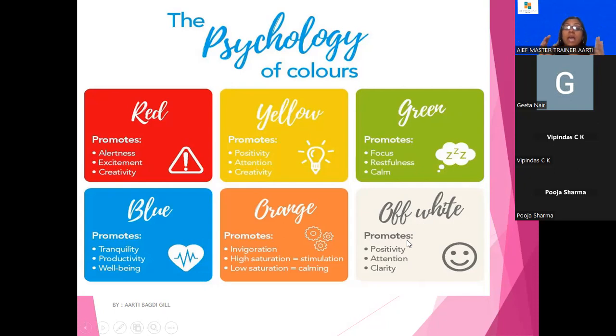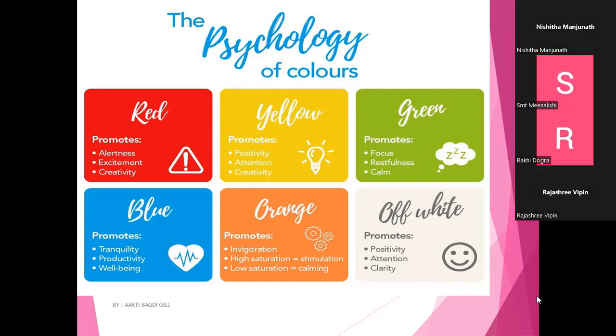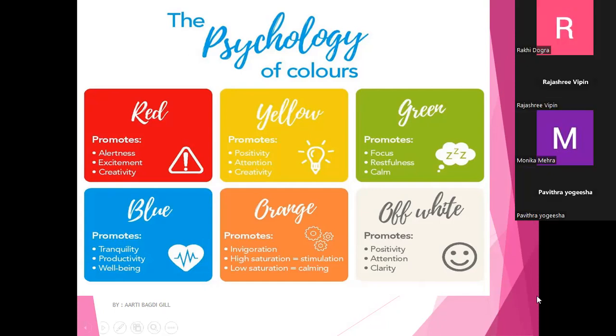Off-white, which is a sign of positivity, attention and clarity, is used very least by the children. I hope you all agree with me. White is the color which is least used in that color box. I hope everyone is on the same page with me.